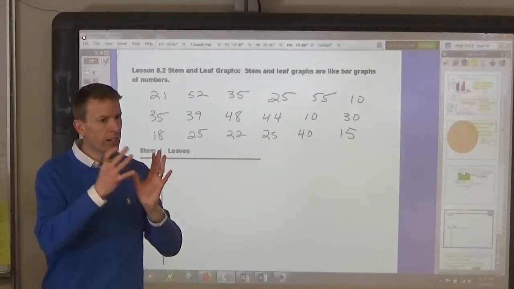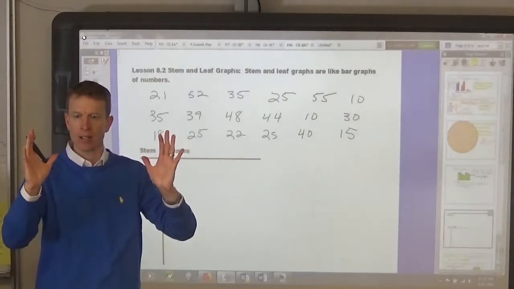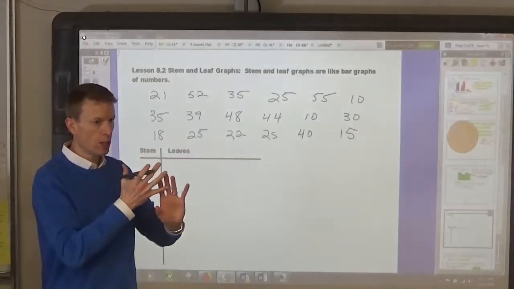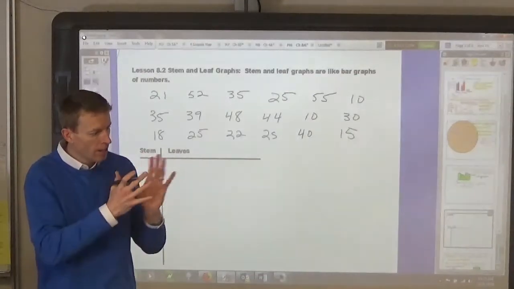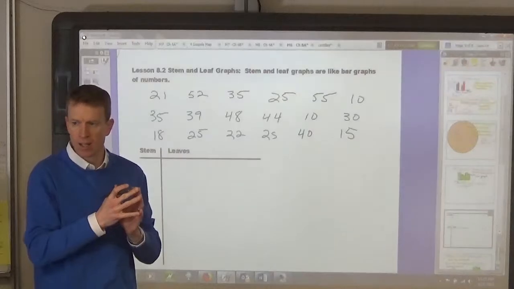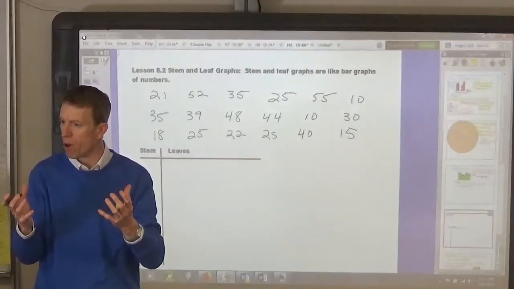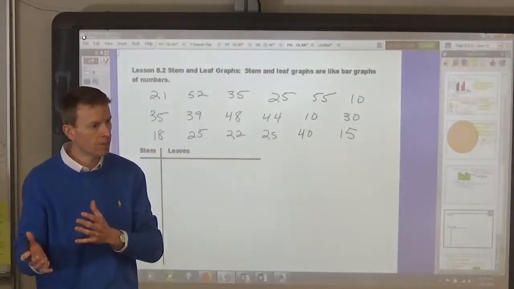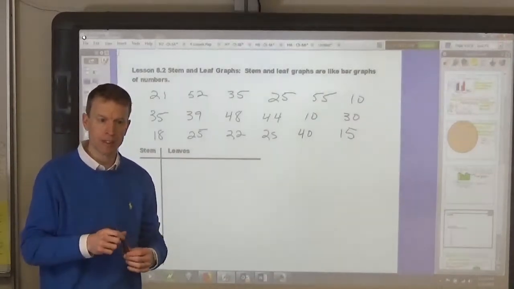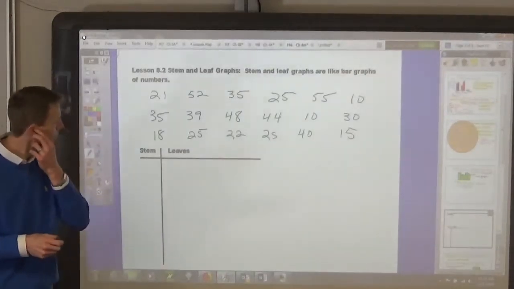So it's a way of putting numbers in order so that you can see which one occurred the most. So it acts like a bar graph for comparing numbers. But if you just looked at a bar graph, it would be really hard to see what the mode is, or to find the median. And when you set up a stem and leaf graph, you can do those things. So that's the purpose of them.